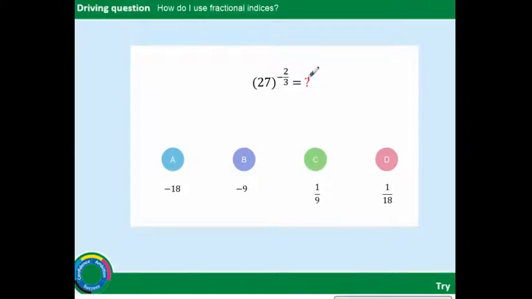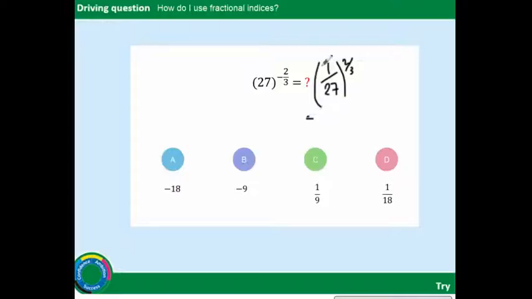27 to the power of negative 2/3. So in other words, I'm finding 1 over 27 to the power of 2/3. So you can see that I've dealt with that negative first of all by finding the reciprocal.